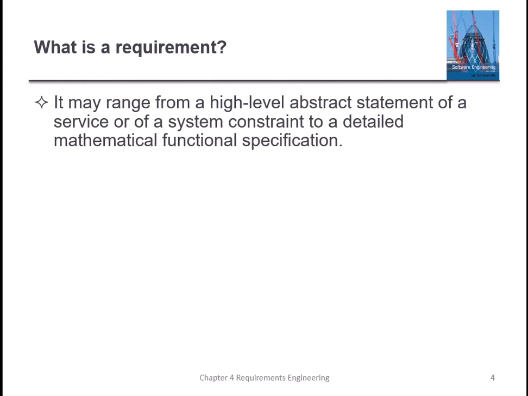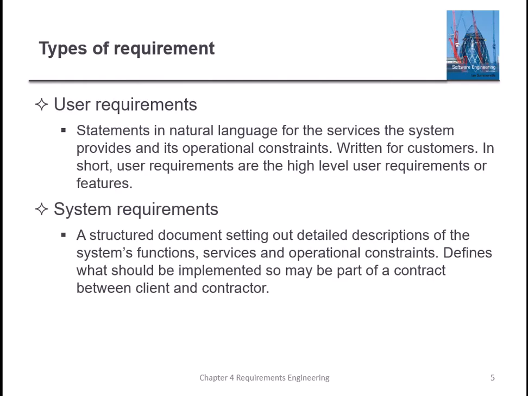Not all requirements are the same, so we categorize different types of requirements, and every category is associated with another category. We have two major categories: user requirements and system requirements. User requirements are statements in natural language, scenarios that either come from the customers or are for the users.